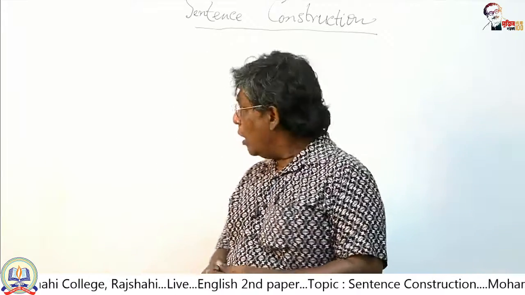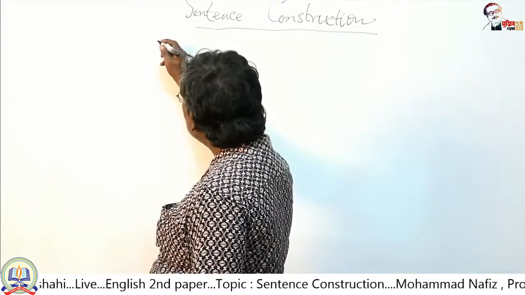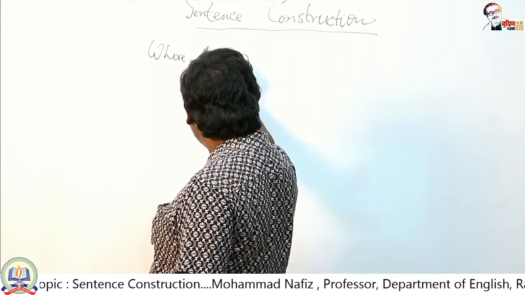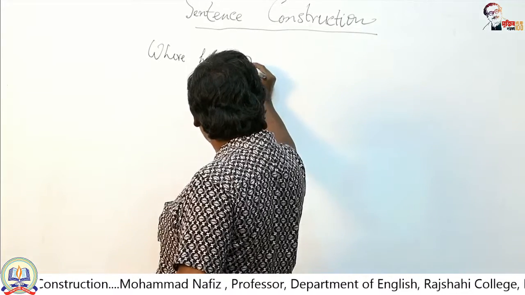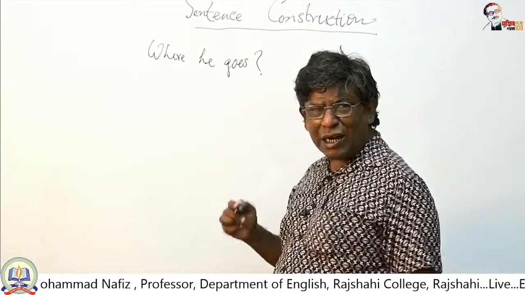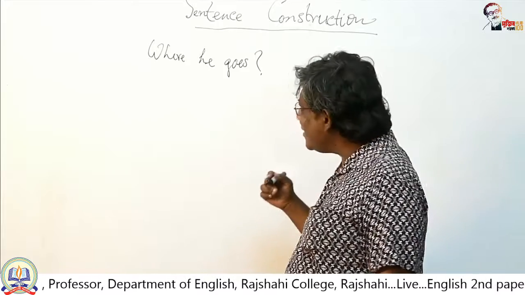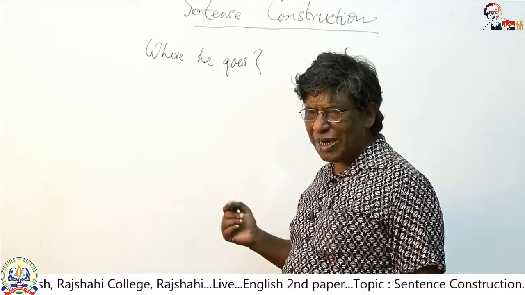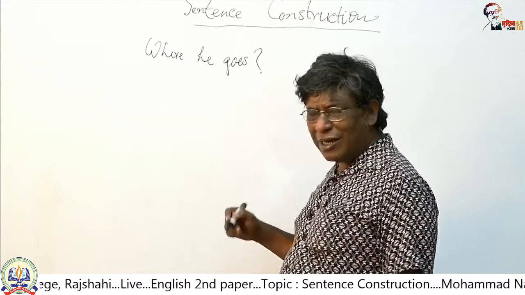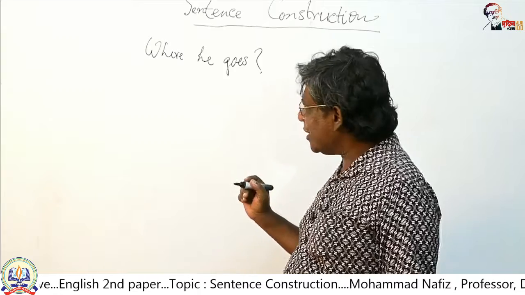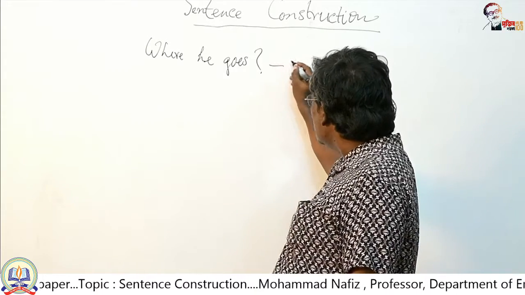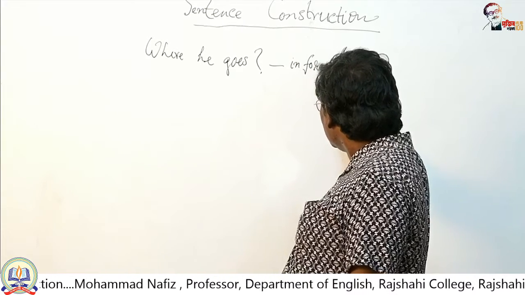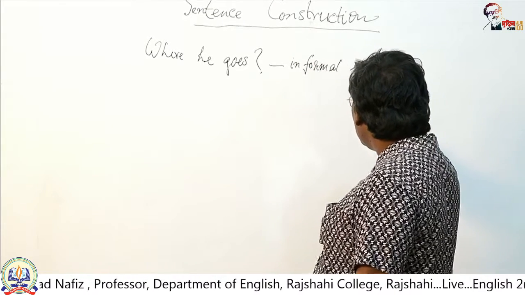For example, if one asks a question, "Where he goes," the listener can understand what the questioner wants to know or express, and thus the listener can give an answer. But this is not a grammatically correct expression. This is called informal English.